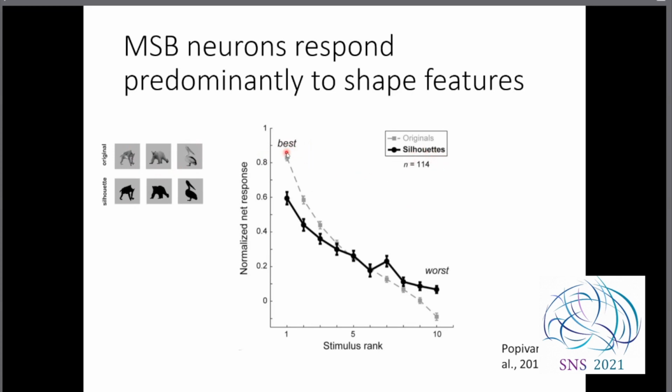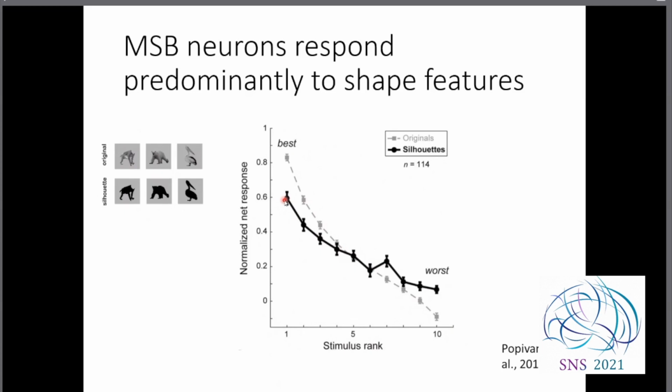For each neuron, we ranked 10 images from its best to its worst, and then averaged that across neurons. So you see that strong selectivity: for some images you have a nice response, for others not. Then we applied the same ranking to the silhouettes, and you also have a nice decrease in response, showing that the overall shape preference is preserved when you go from original to silhouette shape.